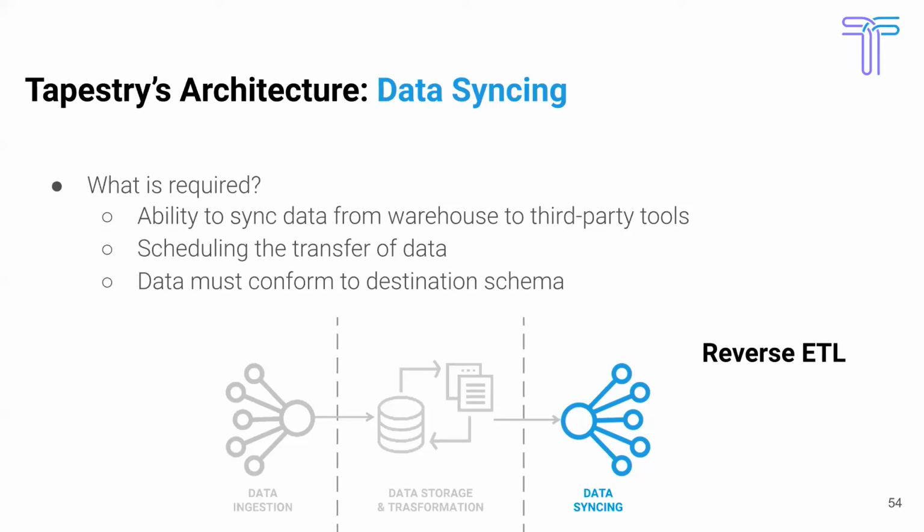If you recall, ETL and ELT are concerned with moving data from your tools into your warehouse. And reverse ETL moves data out of your warehouse and into your business's operational tools. This term, however, while becoming quite common, does not describe the process well, which is why we prefer the term data syncing.